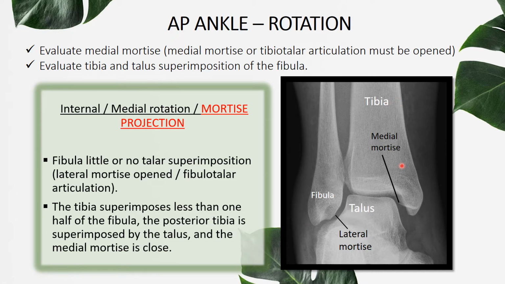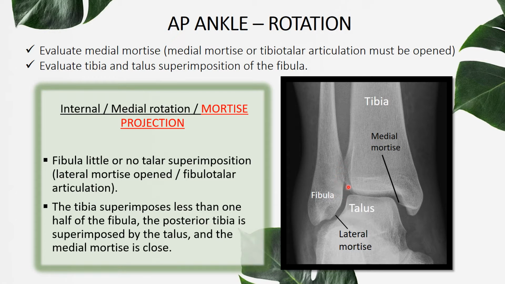This radiograph is actually medial rotation. We also call it internal rotation, or the mortise projection. As you can see in the radiograph, there is no fibulo-talar superimposition, which is here, which means the lateral mortise is open.